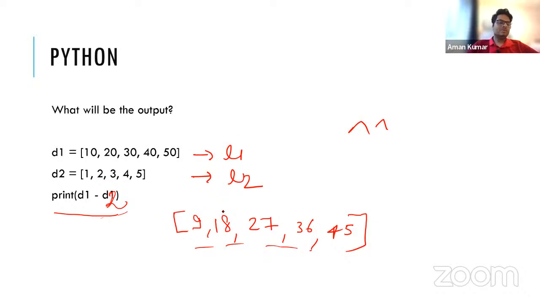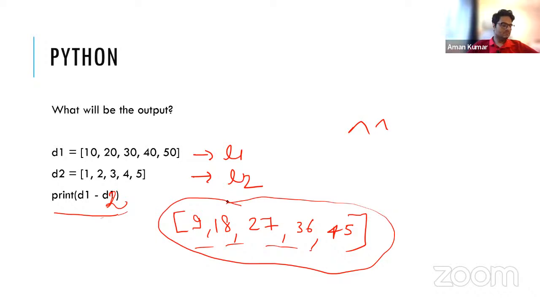Okay. And if you are saying error, then my follow-up question is, if I want to subtract all the elements, if I want to achieve this output, how do I achieve this? Unsupported operand. I agree with that. Okay.